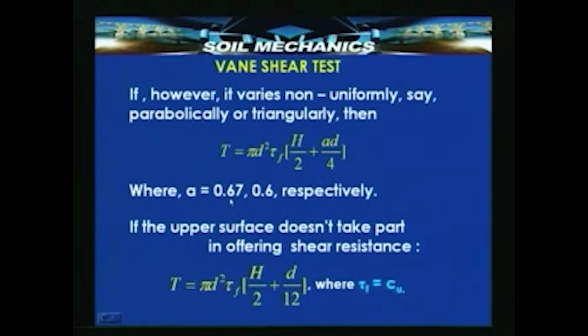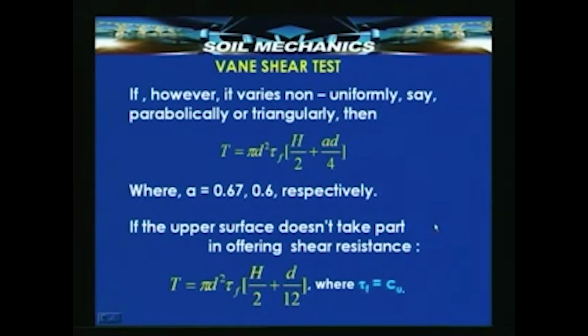The correction factor is 0.67 or 0.6 depending upon whether we have a parabolic or triangular end shear distribution. Now, if it is uniform, this A d by 4 becomes d by 6 and A becomes 1/3 in fact.